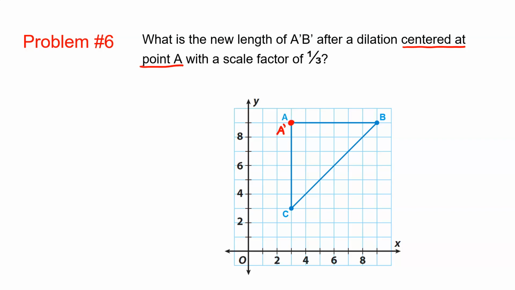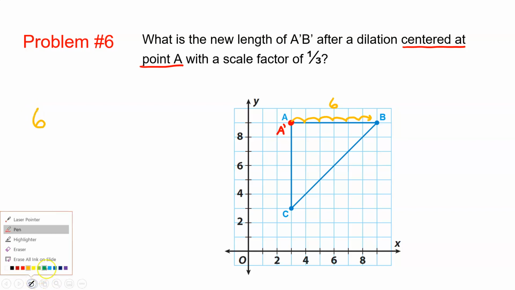It's asking, what is the new distance from A prime to B prime? So take a look at the original distance from A to B. From A to B used to be 1, 2, 3, 4, 5, 6. 6 units. Now we're applying a scale factor of 1/3.